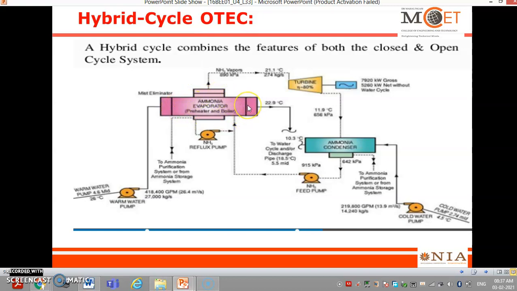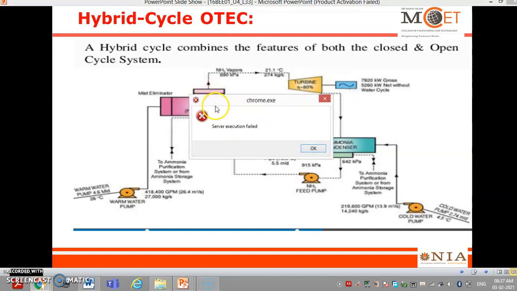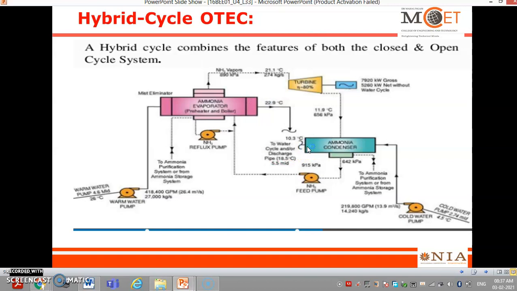The chamber is an ammonia evaporator, that is, the preheater and boiler have been fitted inside it. These are NH3 vapors at a pressure of 890 kPa, at a temperature of 21.1 degrees C and 274 kg per second. The turbine has an efficiency of about 80%.